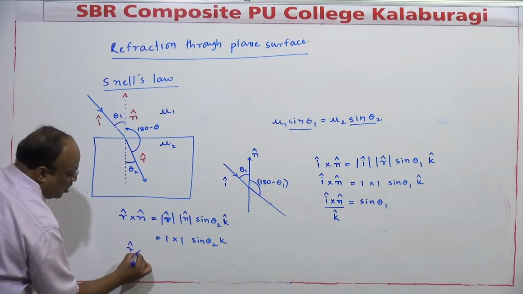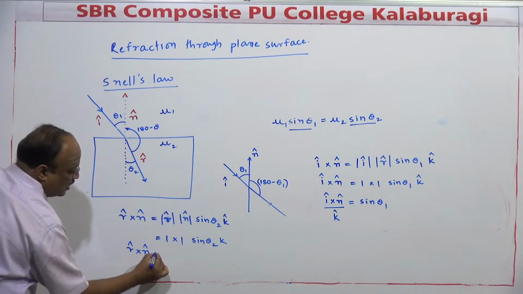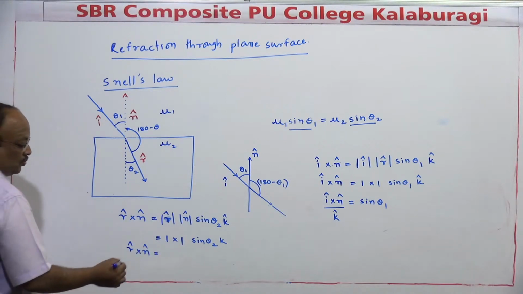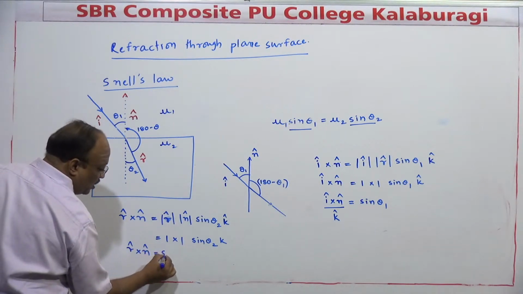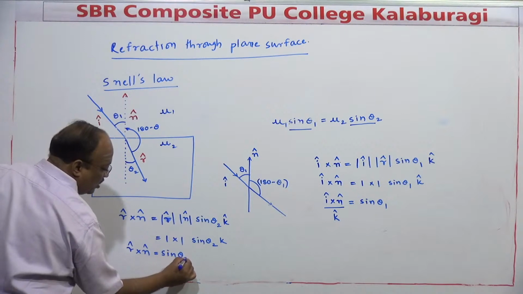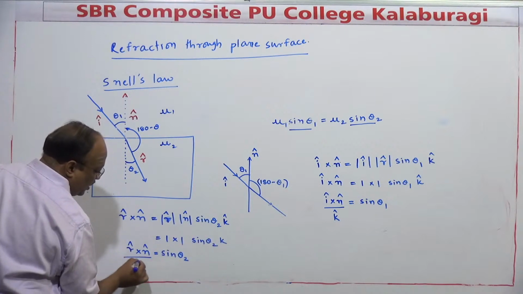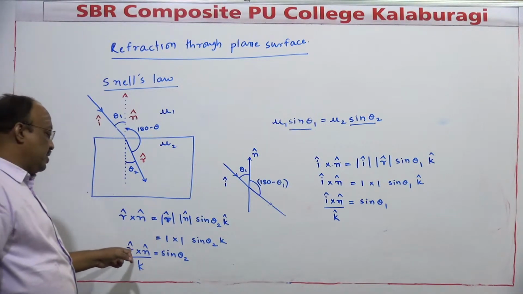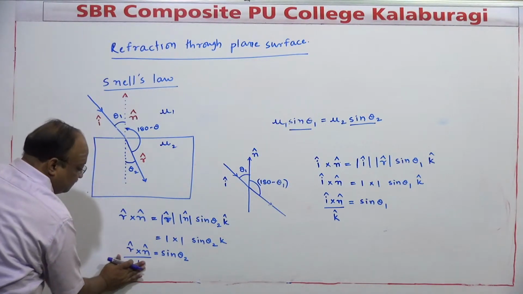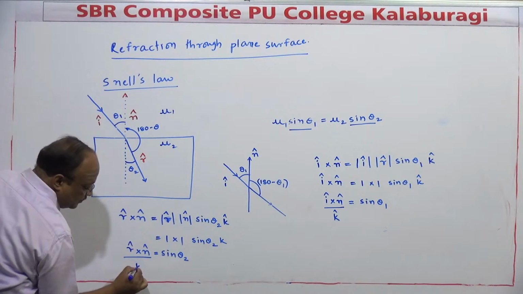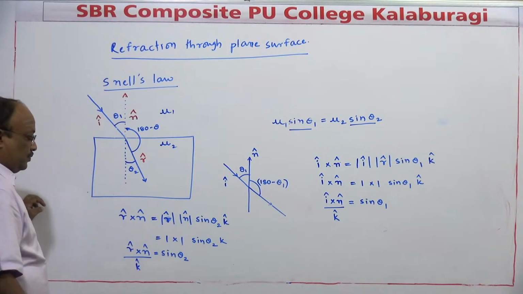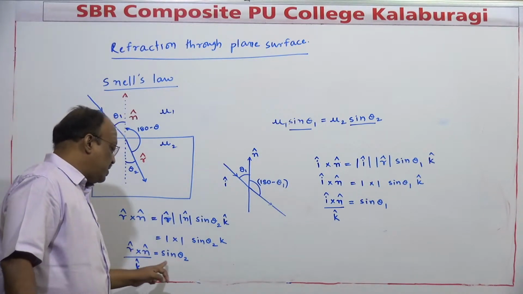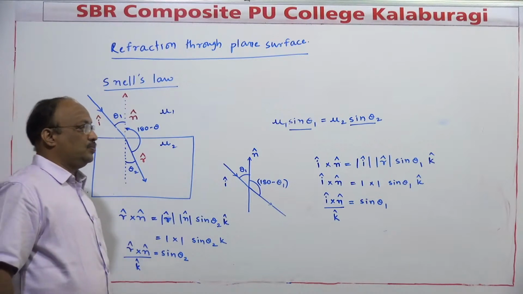So R cross n divided by k is equal to sine theta 2.